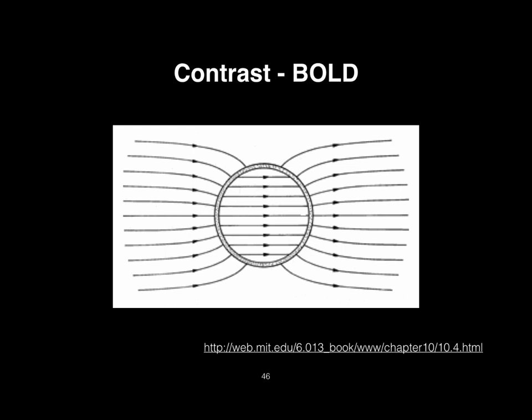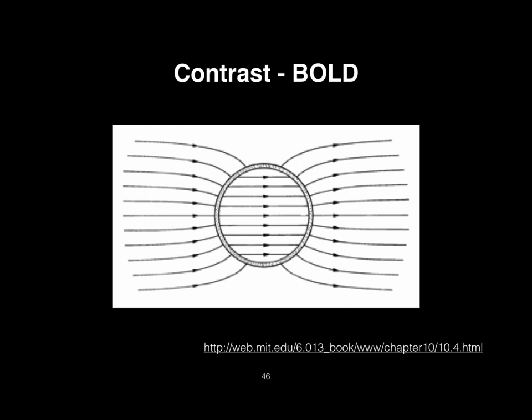Out here in the surrounding tissue, where there's water, there's not a lot of molecules or species creating these stronger magnetic fields, so the field lines are further apart. Whereas in the blood vessel here, where there's some amount of deoxyhemoglobin, it's a little bit more magnetic, so the field lines here are closer.